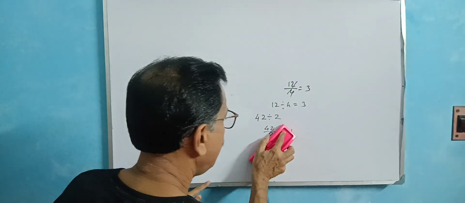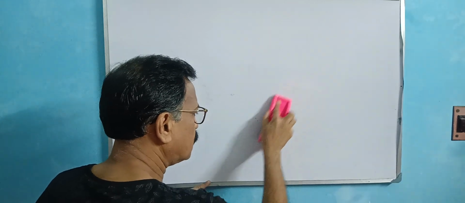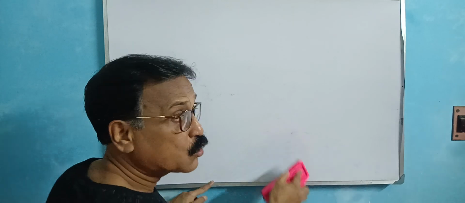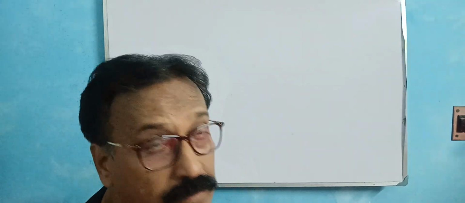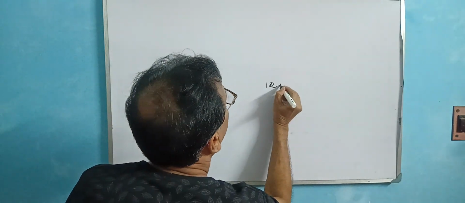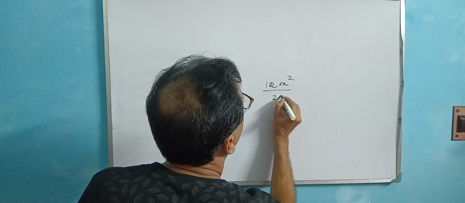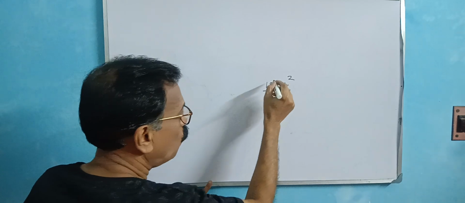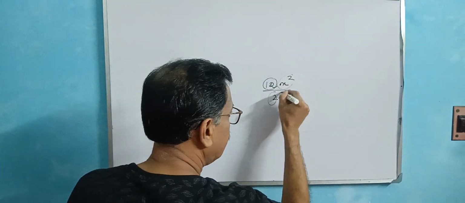But in case of algebra, the division is certain different because there are two parts. One is called the literal part and one is called the numerical part. Suppose here 12x square divided by 2x. Here are two parts: one is called the numerical part, this, and one is called the literal part.